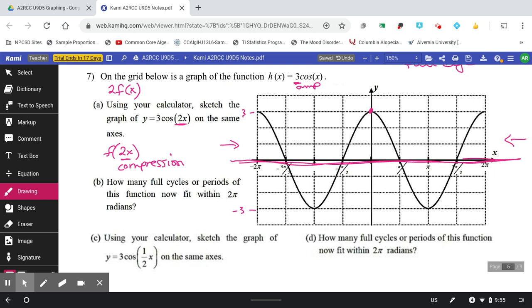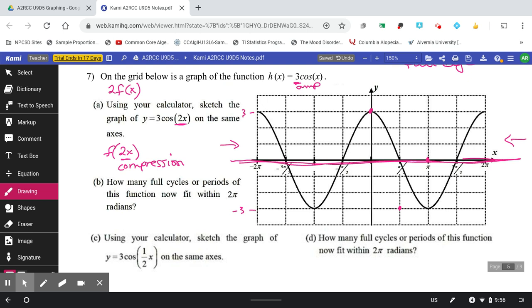If you look in your calculator, at the first quadrant, you're already down at -3. And then when you get to the second quadrant, you are back to the x-axis.